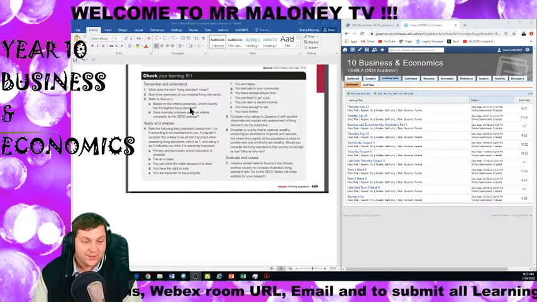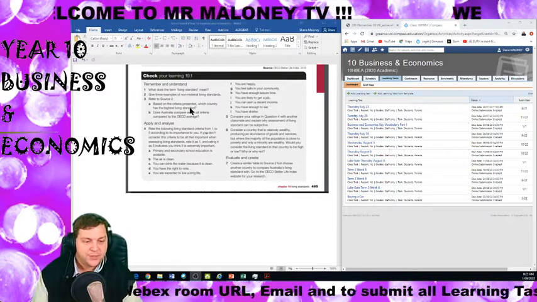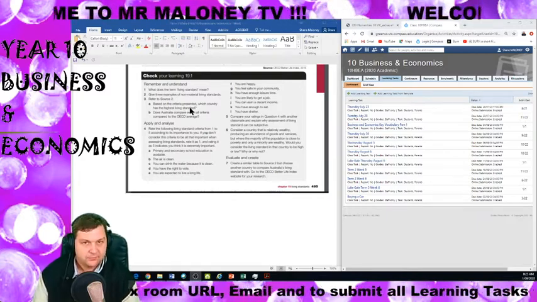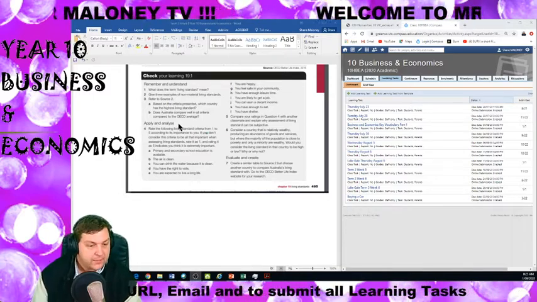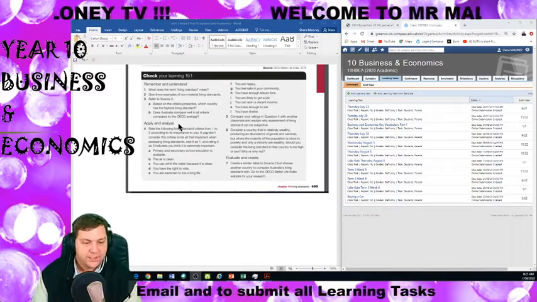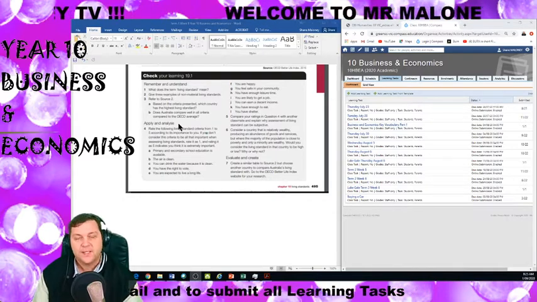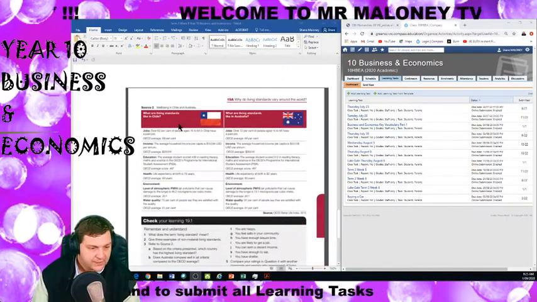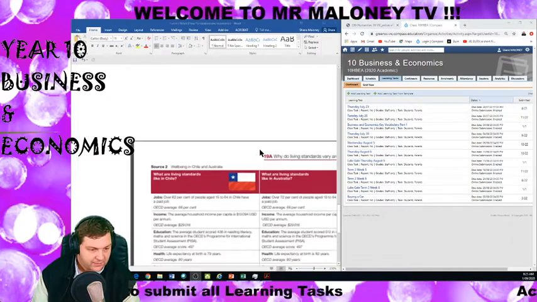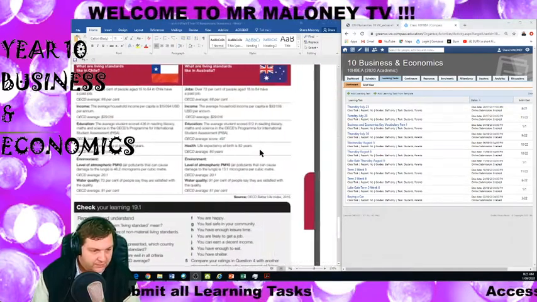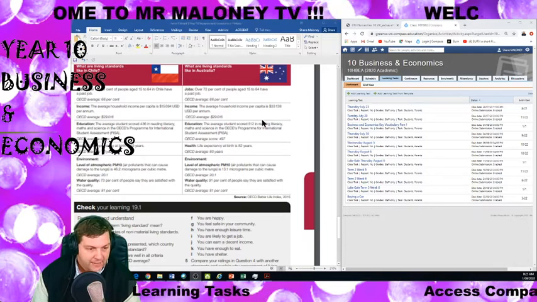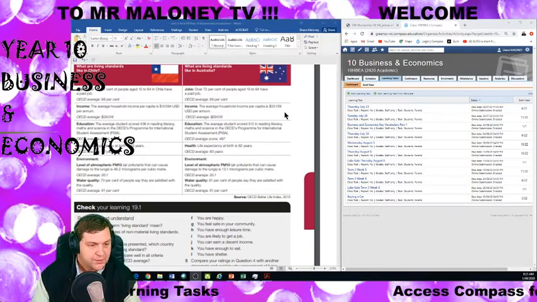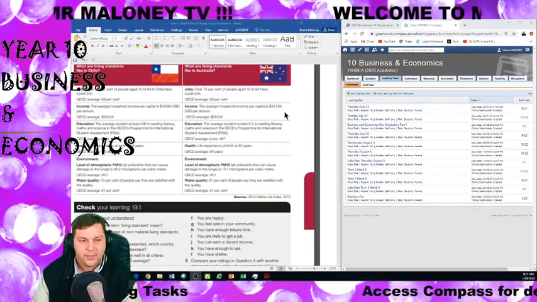A is, based on the criteria presented, which country has the highest living standard? Australia. B, does Australia compare well in all criteria compared to the OECD average? I'll tell you what it means by that really quickly. As you'll see here in this really poor copy, the average income for a household in Australia per capita is $33,138.